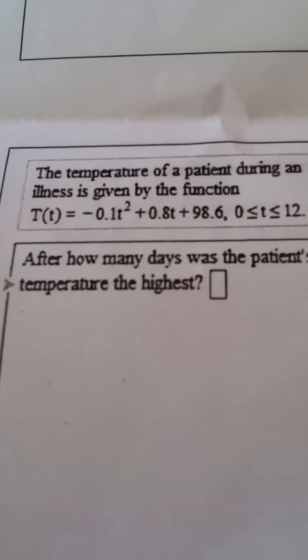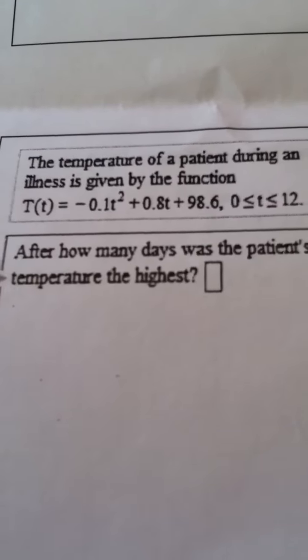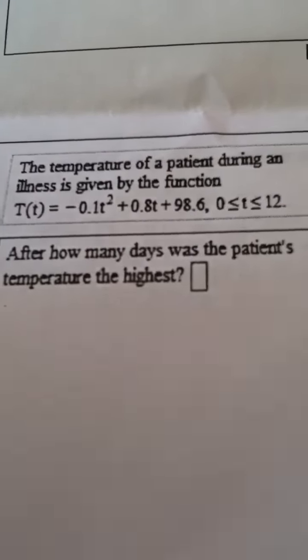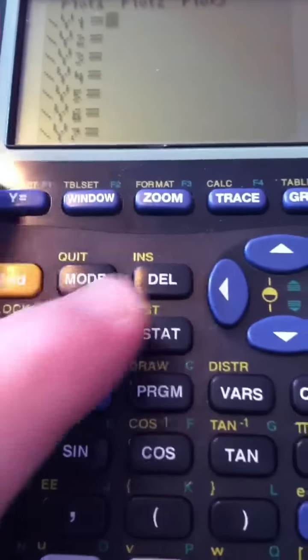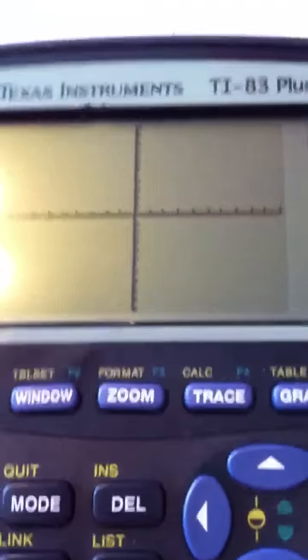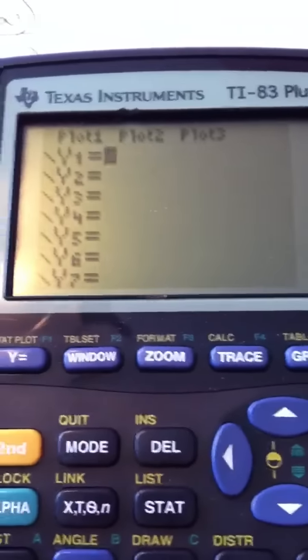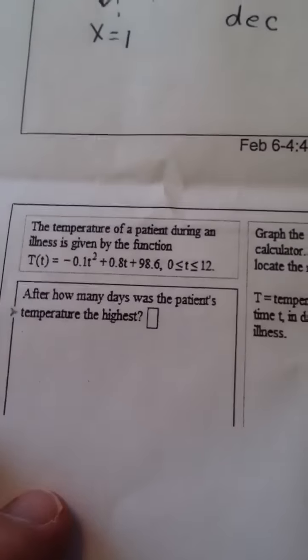Now, what we need to do first is graph this function. So I've got my calculator, and on the calculator the first thing I like you to do is hit zoom 6 to show a standard window, and then we're going to enter y equals. It's going to be the opposite of 0.1, we really don't need to put the 0.